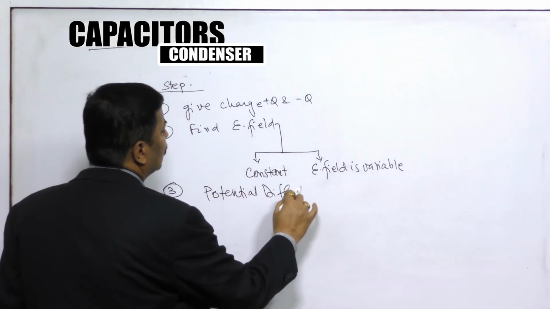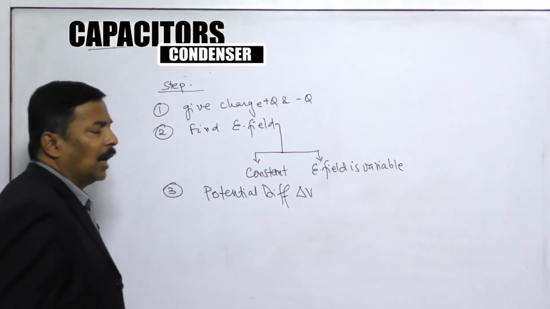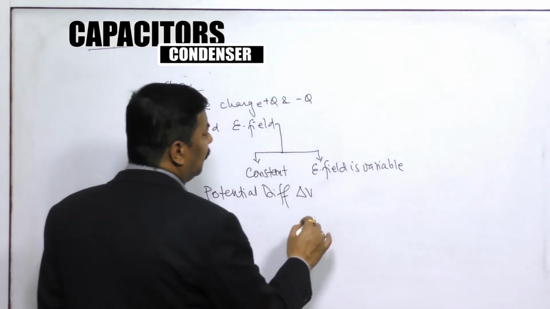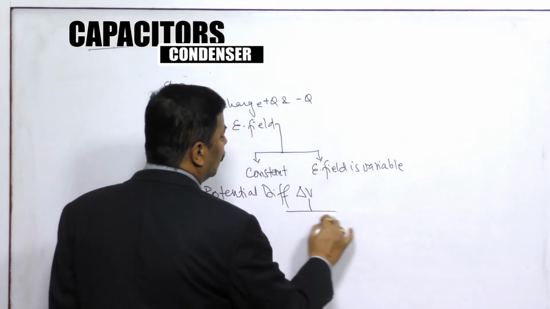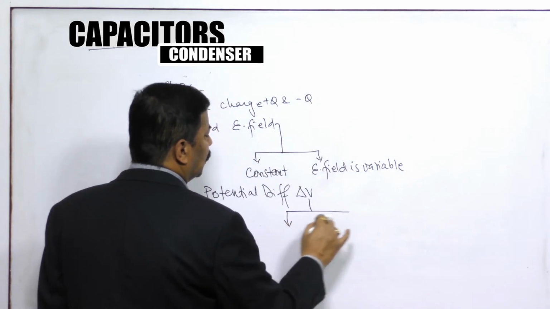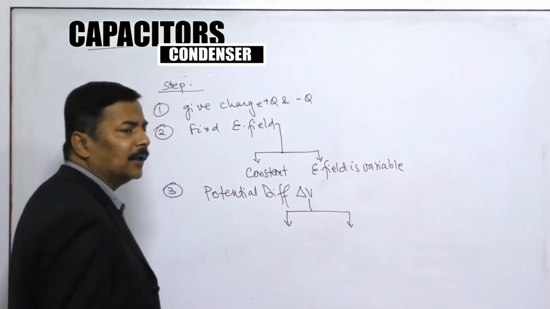Potential difference delta V. This delta V you will be finding using two methods.